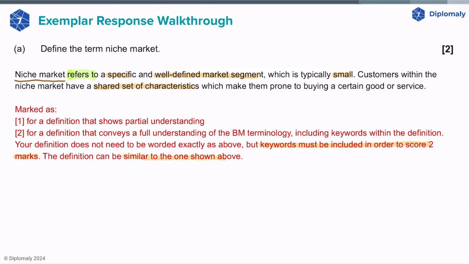And in order to get the full 2 marks, you need to show a definition that conveys full understanding of the BM terminology, okay? By full, it means that you're hitting at least a couple of these keywords as part of your definition. So again, always remember the AO1 definition question is all about the keywords that you need to hit in your definition. All right.